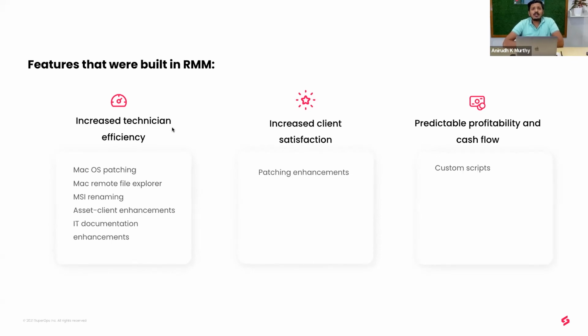So, on the RMM side for Q3, we had a few specific themes that we wanted to work on, right? And as you see, we had, of course, the overall strategy with which we have the SuperOps tool aligned, which is increased technician efficiency, increasing client satisfaction, and then predictable profitability and cash flow.